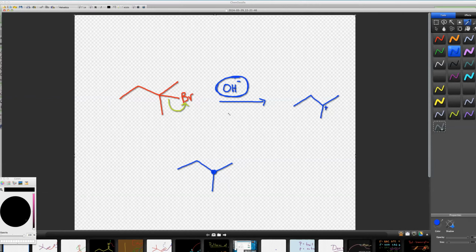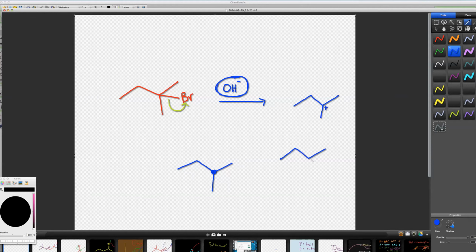In your textbook, you're going to read that you get equal distribution of these two isomers, but that isn't quite true. You get a little bit more from this backside attack of the nucleophile, which is going to cause the OH bond to be made in the plane of the screen.